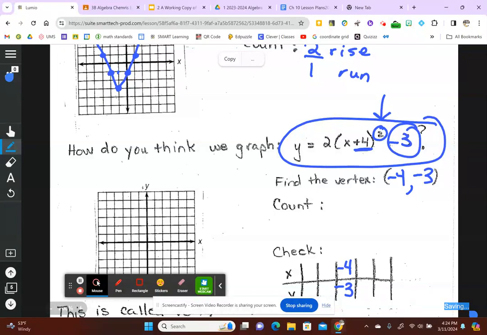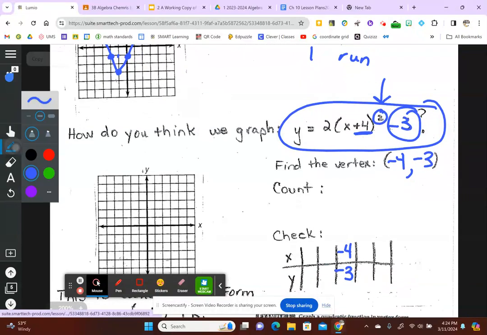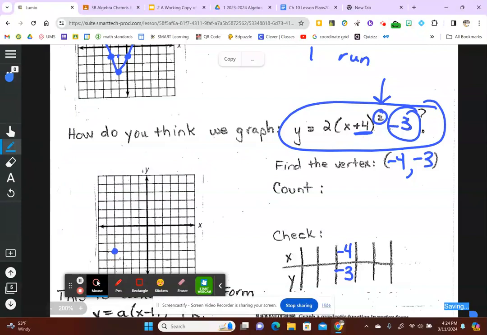So to graph this, I'm going to graph -4, -3, and a is 2. So I'm going to go over 1 and up 1 squared times a.